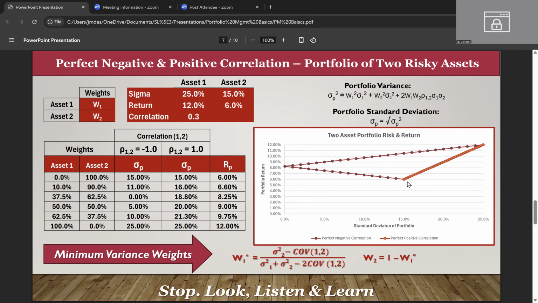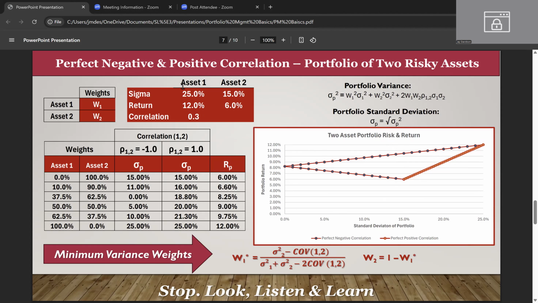Now, this line here is what the graph will look like if the correlation is one, which means that they're perfectly positively correlated, which means that if the return on asset one increases by 2%, the return on asset two is going to increase by exactly 2%.